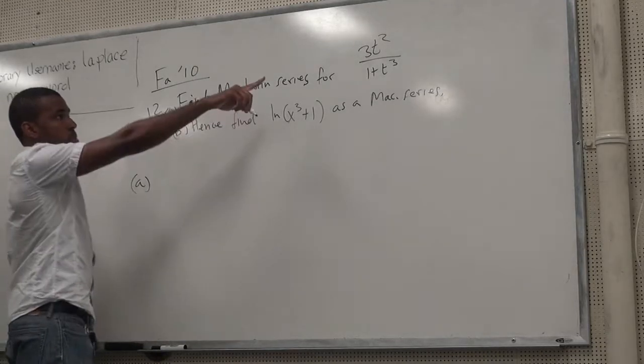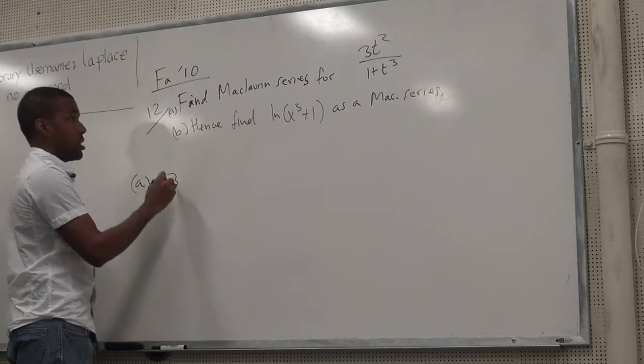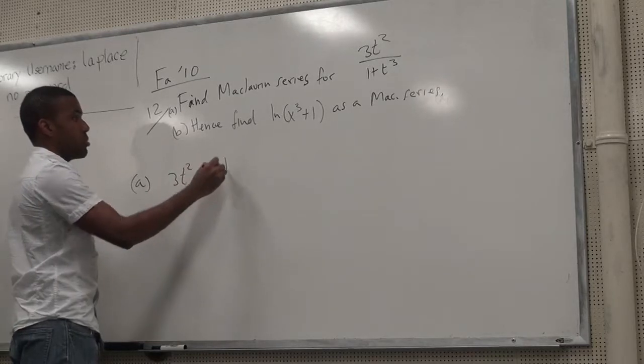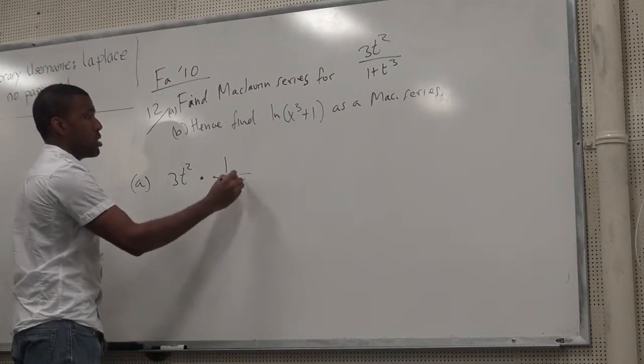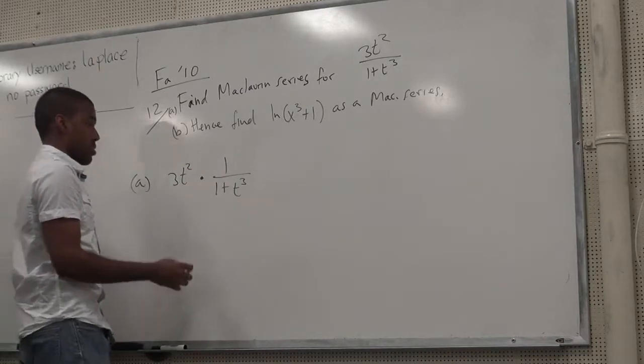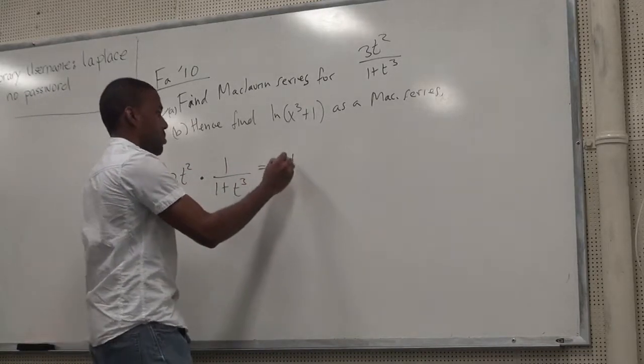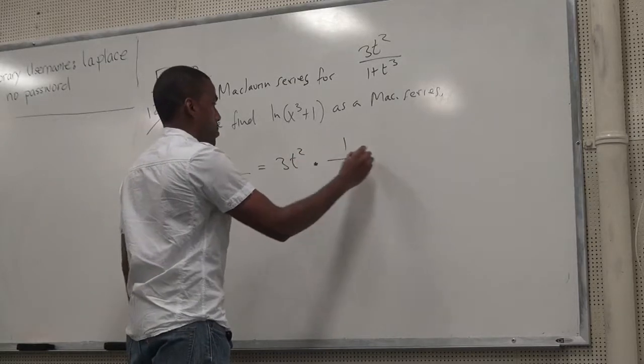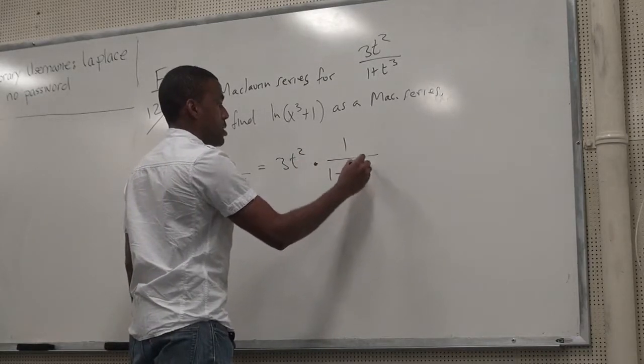The trick here is to separate the numerator from the denominator. So write this as t squared times 1 over 1 plus t cubed. And we know how to write things like these as series. This is 1 minus t cubed and so on.